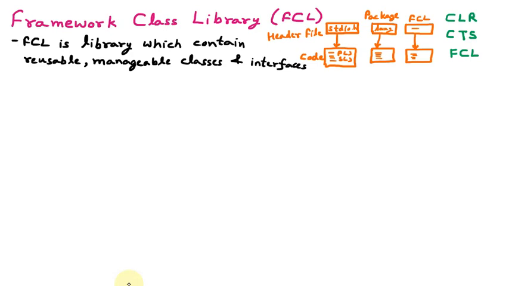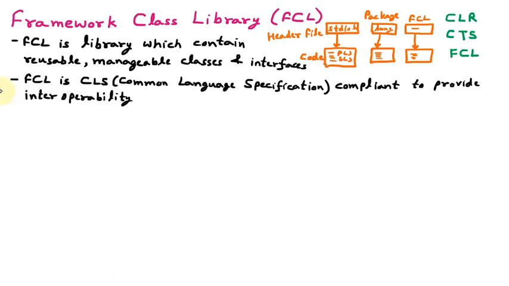So all classes and interfaces are available in the library and they provide the power to the code. Now FCL is basically CLS compliant so that it can provide interoperability. We know that in .NET, if we write the code in VB.NET, we can run that code in C#.NET. So one code can be converted to the other code.